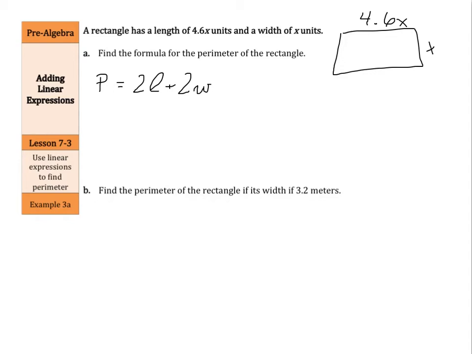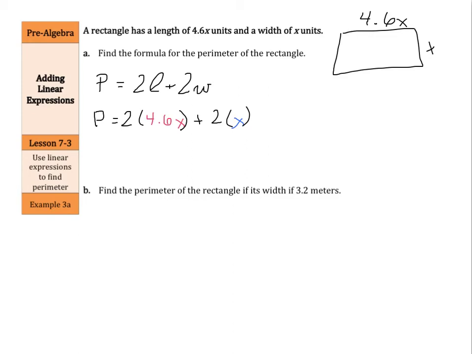Well, for our length, we could substitute in that 4.6x. So this would be P equals 2 times 4.6x plus 2 times our width of x.